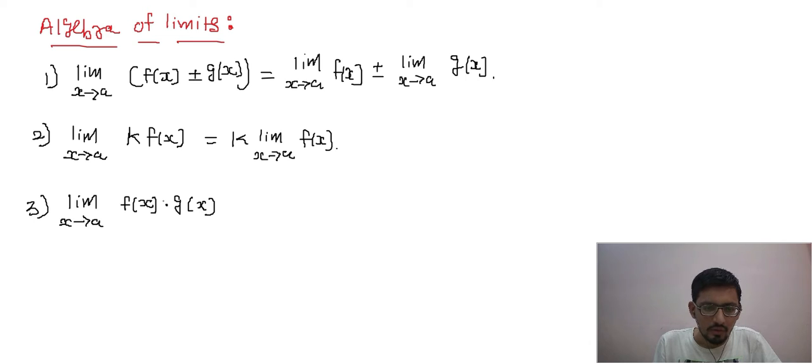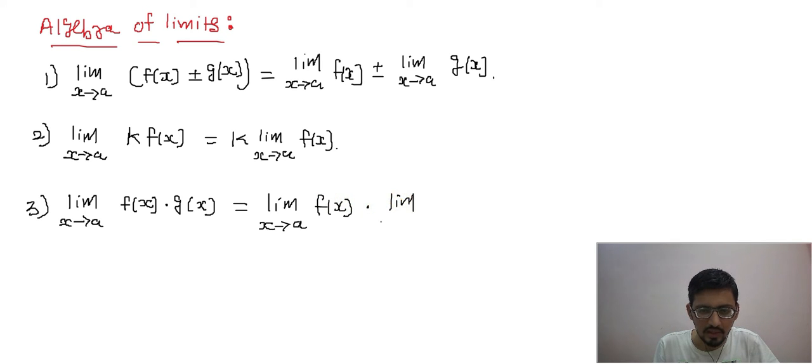Rule number three is: limit x tends to a f of x g of x is equal to limit x tends to a f of x product limit x tends to a g of x. You can do this, but after giving the separate limits, these answers should be non-zero.